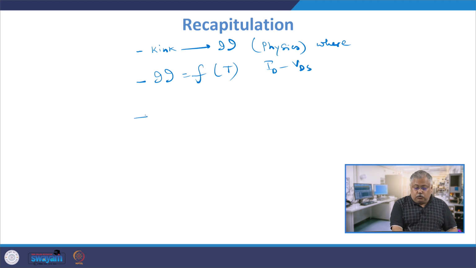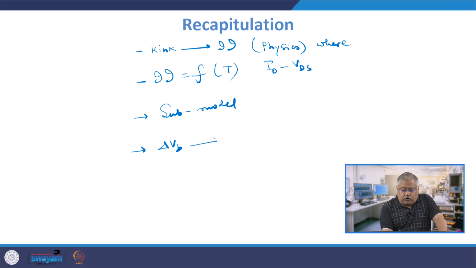And then we looked into various types of devices and we saw that there are various substrate models available. Then we looked into the change in the substrate bias because of impact ionization, which also influences your threshold voltage to a larger extent, and the threshold voltage change is a direct dependency on the depletion and the oxide capacitance.